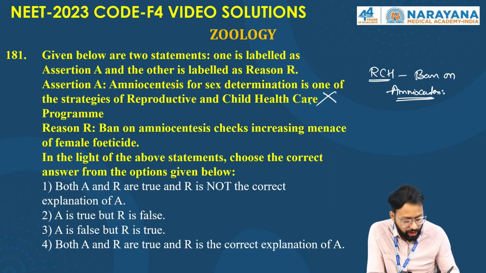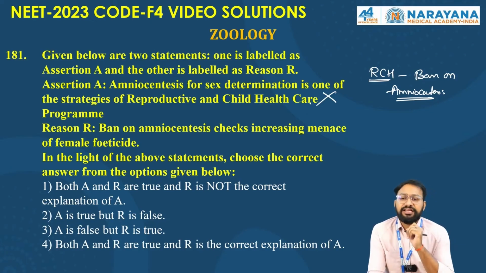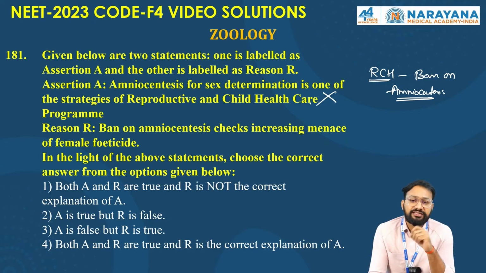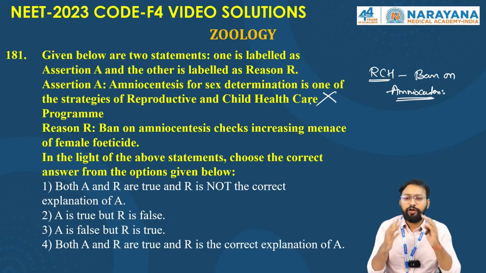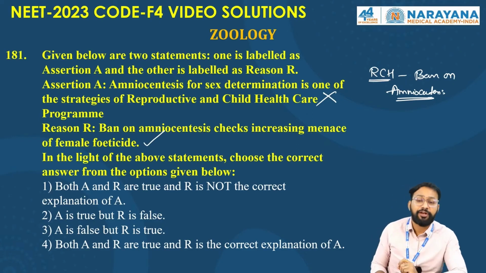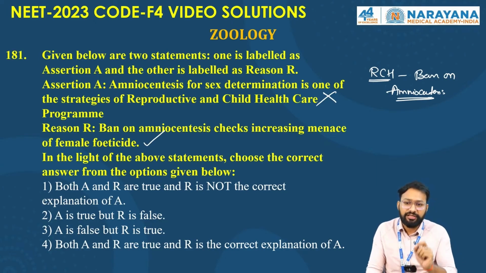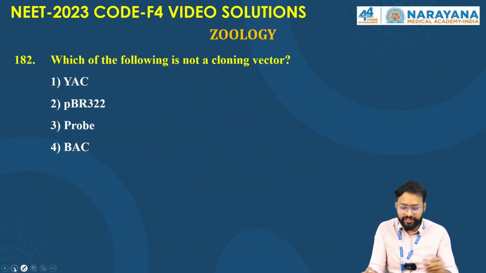So it is wrong. The assertion statement is wrong. A is false. Reason: ban on amniocentesis checks the increasing menace of female feticide, which is true, right? Because of the ban only, female feticide got prevented. Right? So A false, R true. Third option. Right? Moving to the next question.